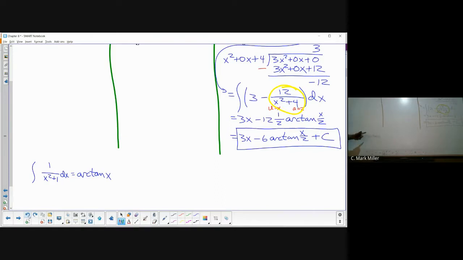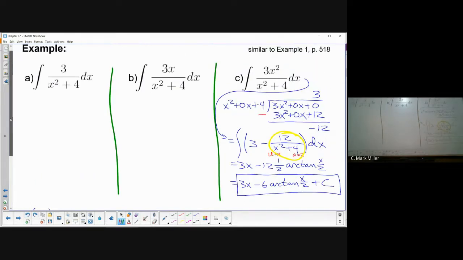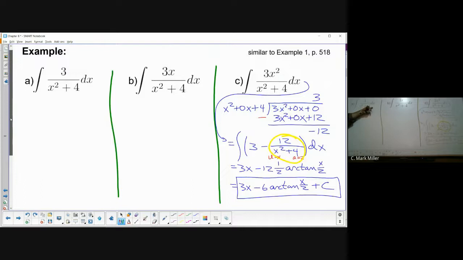That one is simpler to remember. But we have a 3 there and we have a 4 there. How do we deal with that? We factor them out. So this is another way of doing that. If you know that formula, jump right to it.